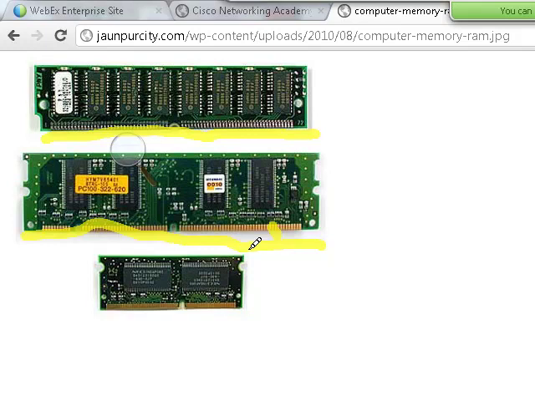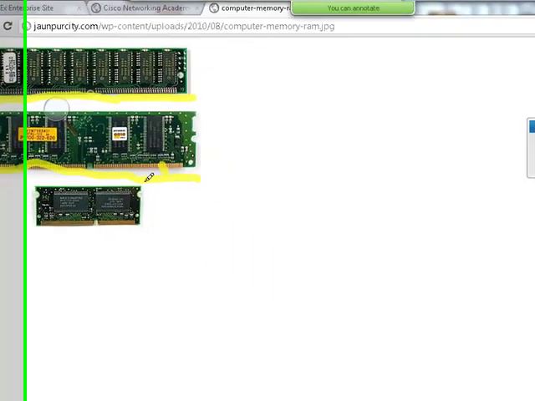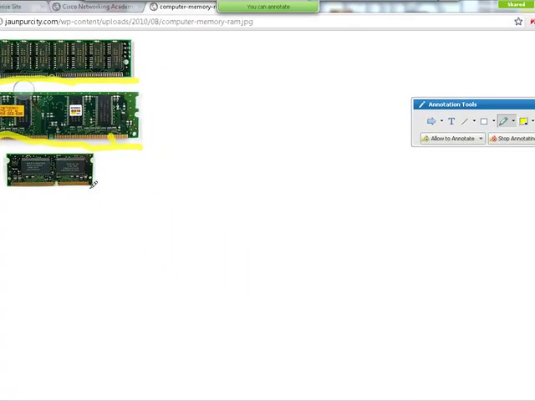It closes the circuit and it works just fine. The one down over here is called SODIMM. The SODIMM is the one used for laptops and printers.